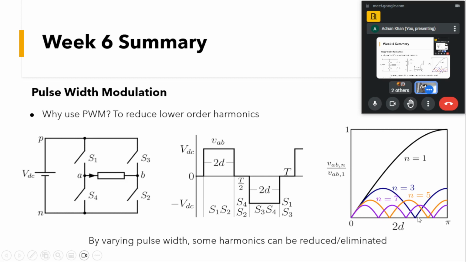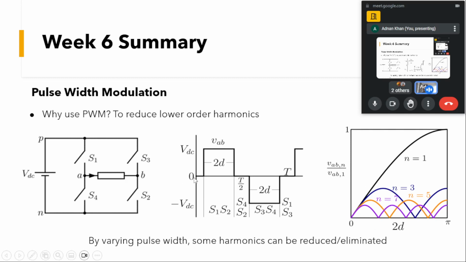If I have 2D equal to 120 degrees, I will be able to eliminate the third harmonic. If my width is 120 degrees, I won't have any third harmonic. Similarly, for different pulse widths, we will be able to eliminate different harmonics.